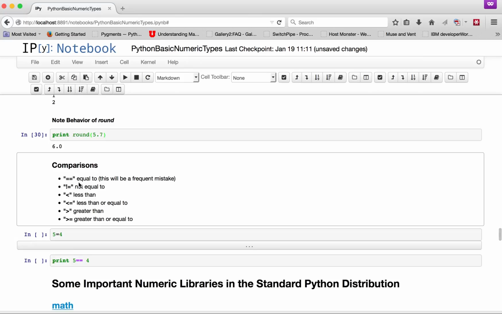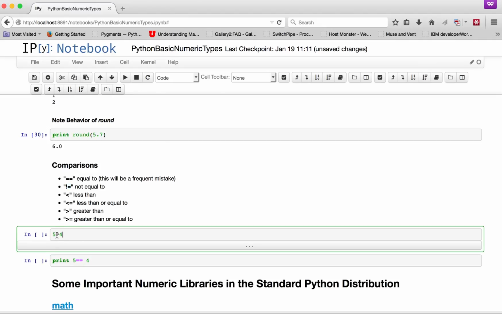Python comes with comparison operators. So if we want to ask, is one number equal to another number, we have to use the double equal sign. This will be a frequent source of mistakes for you. The double equal sign means comparison, whereas a single equal sign means assignment. Not equal to is an exclamation mark equal, less than or equal to, greater than or equal to.